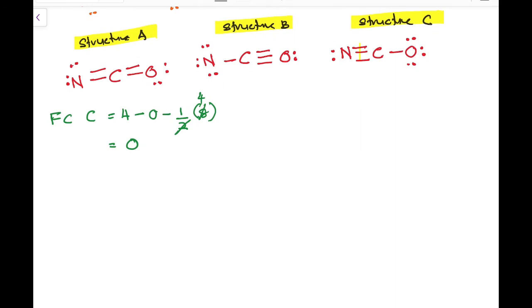The second one is the formal charge for oxygen, 6 minus, there are 4 valence electrons around oxygen with 4 lone pair, minus half of 4.